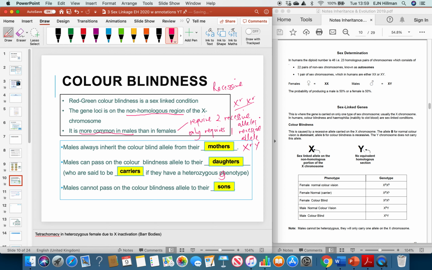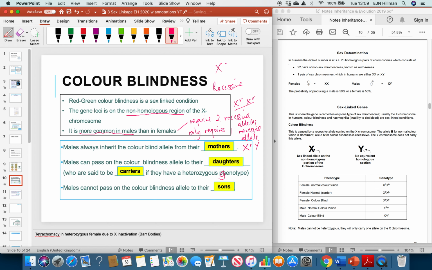If they have this genotype, they would be heterozygous and carriers. So males cannot pass on colourblindness to their sons, because their sons would receive the Y chromosome, and that doesn't have the homologous portion that's present on the X.